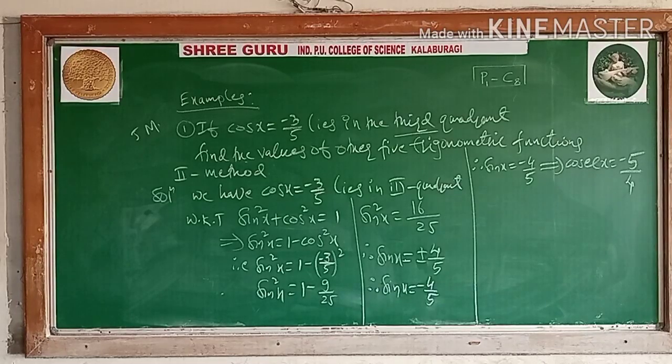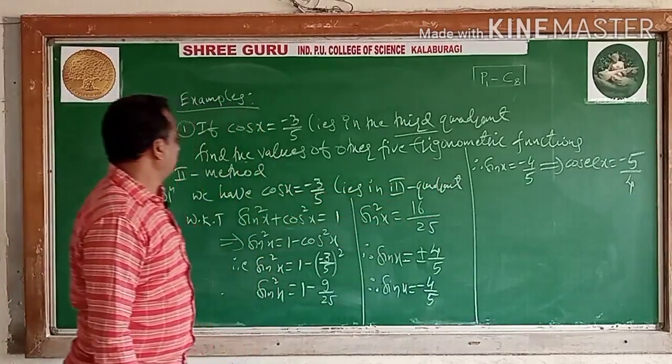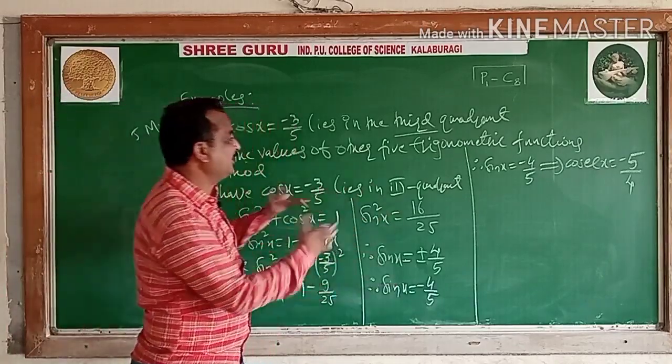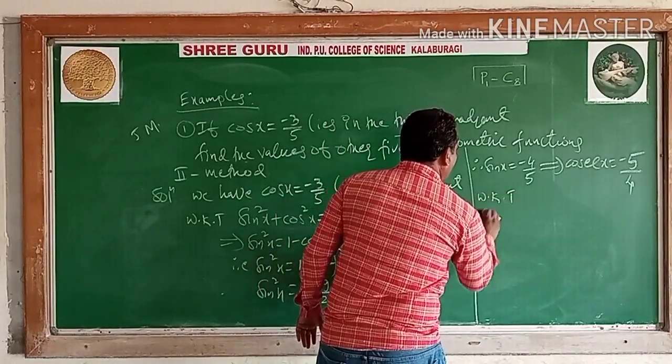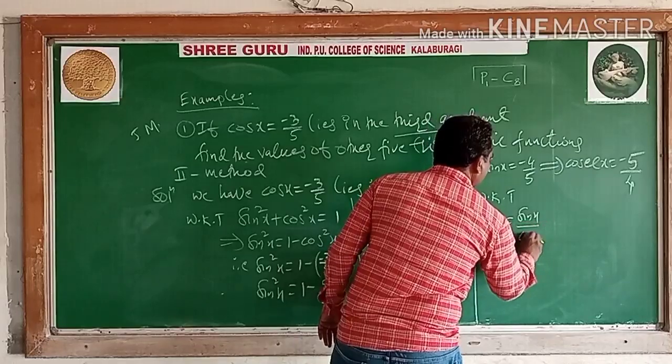Next, which one is remaining here? You have sin x, cosecant x, and then you need tan x. You have sin and cos, so you get the tan. We know that tan x equals sin x by cos x.